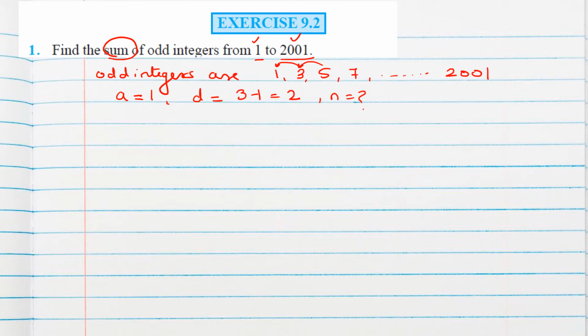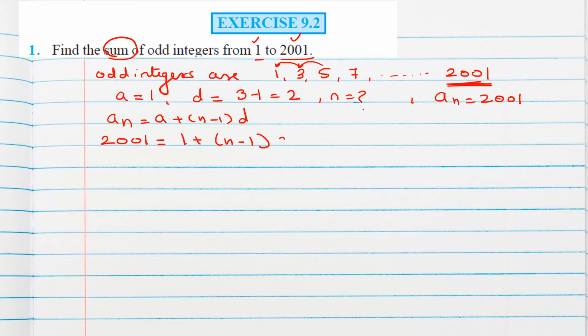So first we should find n using the formula an equals a plus n minus 1 d. We will suppose this last term as an, which is 2001. So 2001 equals 1 plus n minus 1 times d, where d is 2.